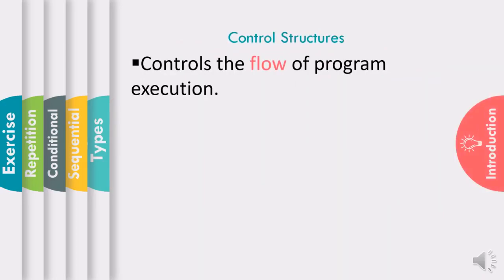First of all, let's revise the concept of control structures. Control structures basically control the flow of program execution. Normally, we execute our program and those programs are executed line by line. A program is usually not limited to a linear sequence of instructions, like in a sequential manner.